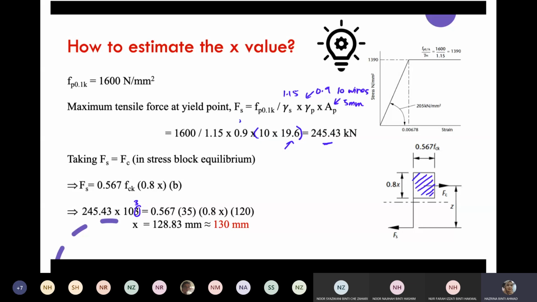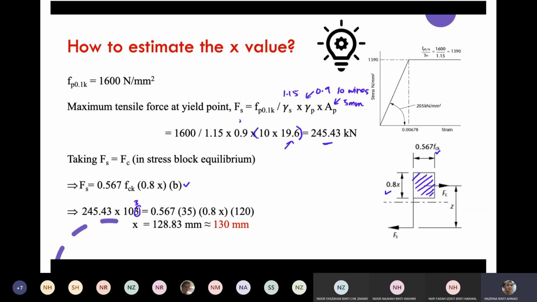We have 0.567 fck and 0.8x, which gives the area of the rectangular stress block. Then to relate to our section, we multiply the value with b, so that we have the complete equation of Fc.